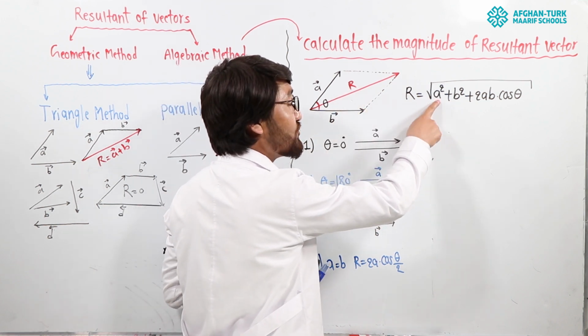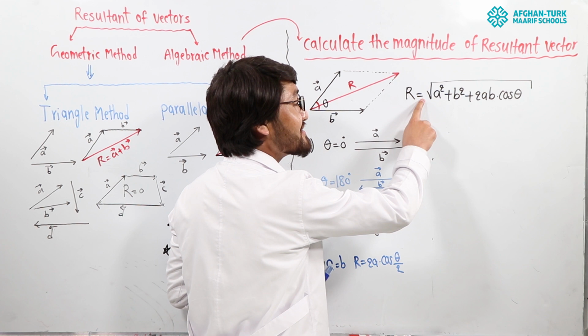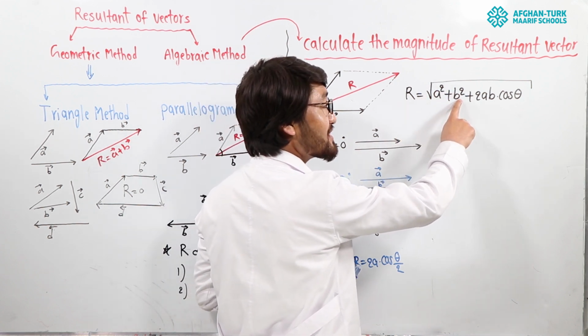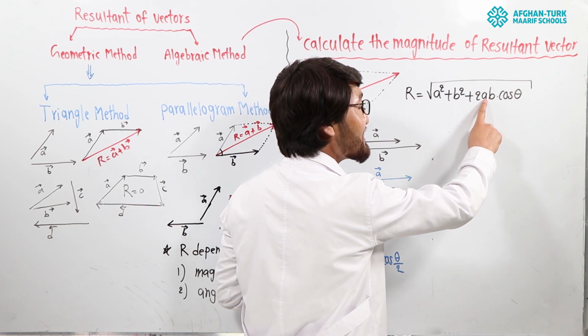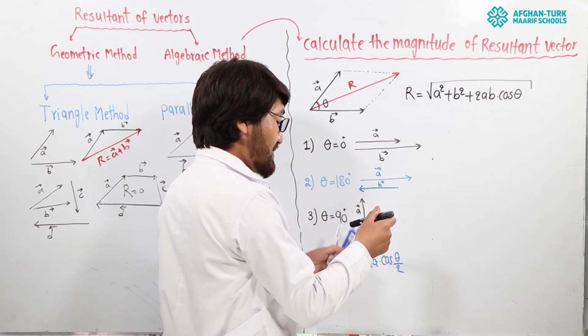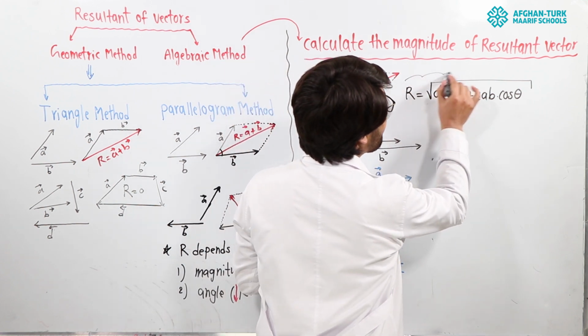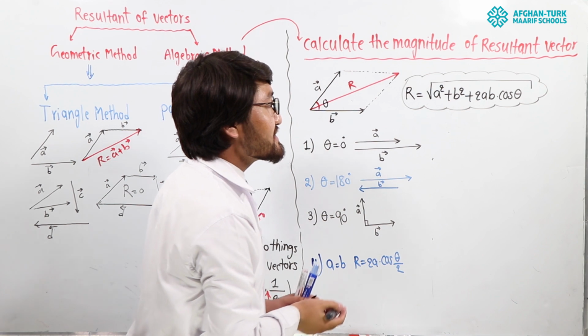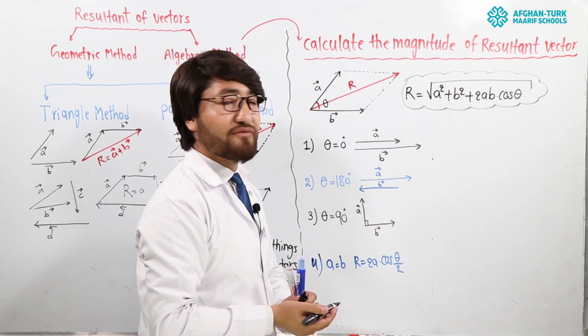By this formula: R is equal to the root of A squared plus B squared plus 2 times A times B times cosine theta. From this formula, you can find the resultant of the vectors.